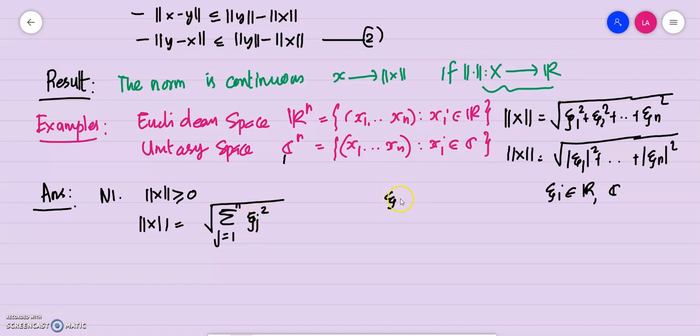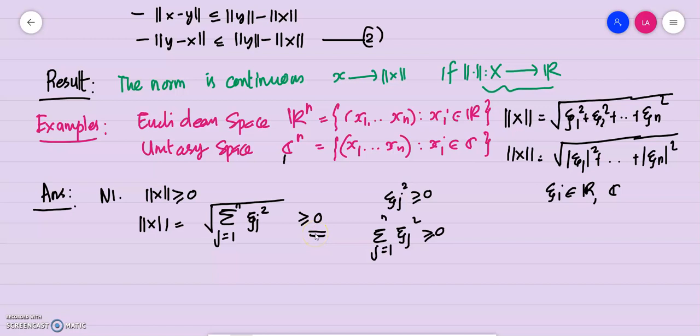We know that theta j the whole square is greater than or equal to 0. Then summation j is equal to 1 to n of theta j the whole square is also greater than or equal to 0. So if we take the square root also, it should be greater than or equal to 0 by the basic property of the square root function.